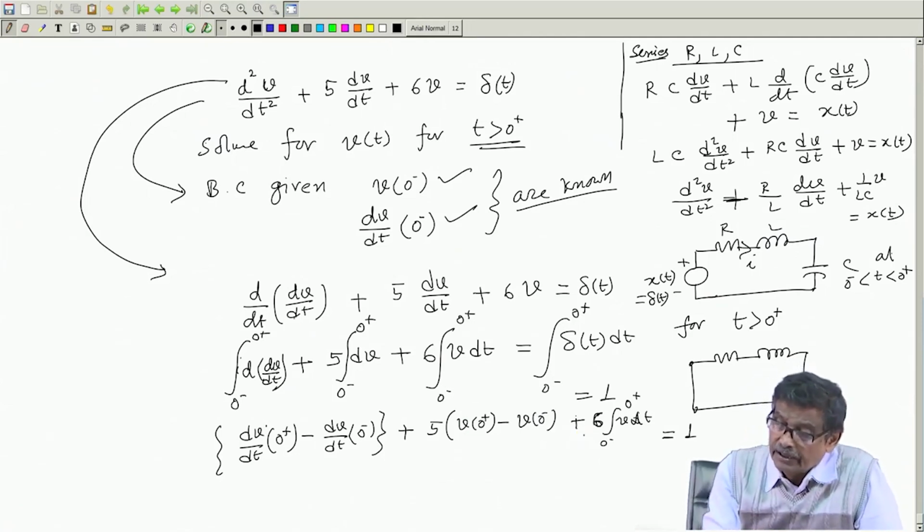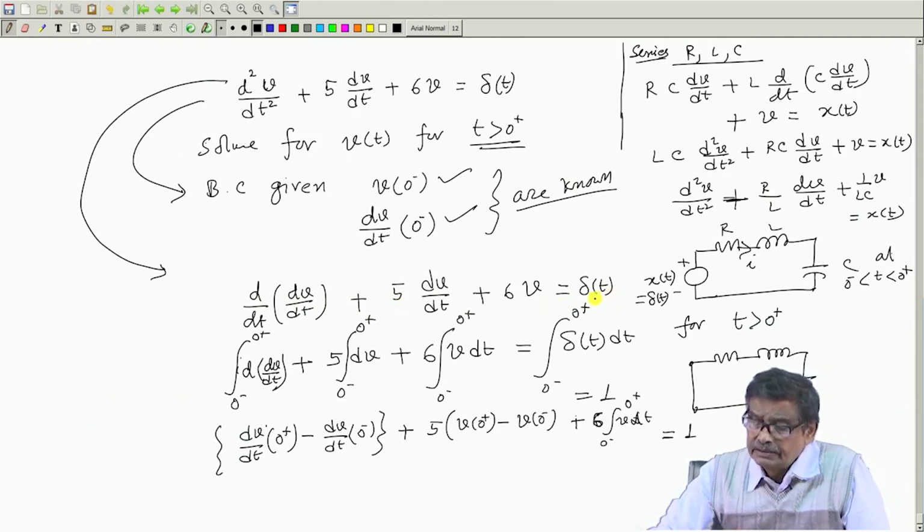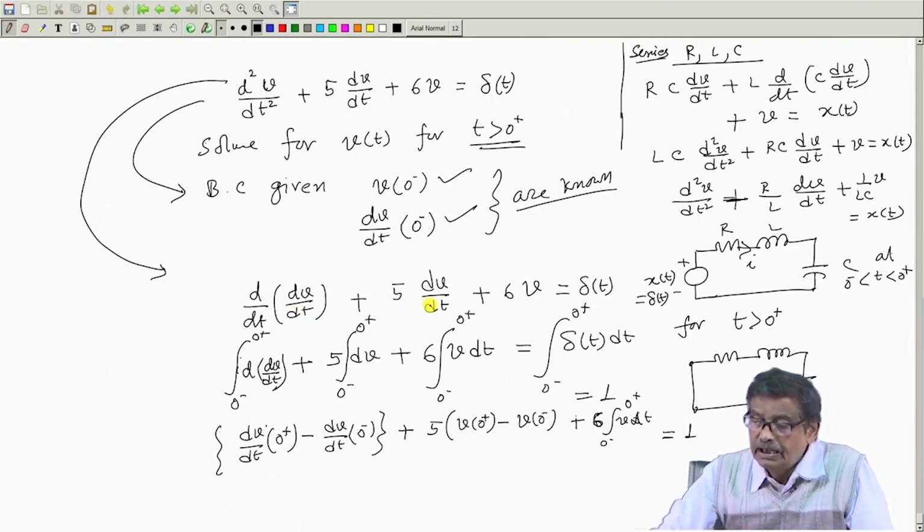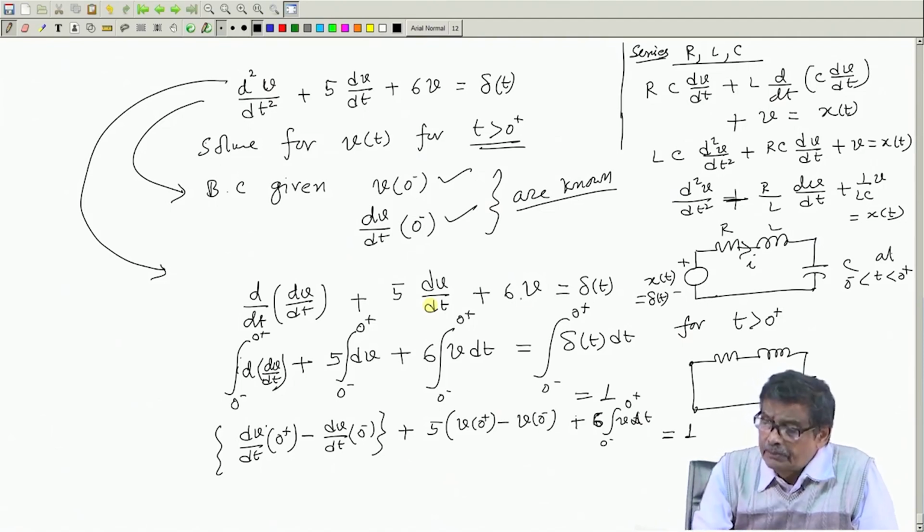Now, I told you last time, in a second order situation like this, with delta(t) on the right hand side, which of these, that is v, dv/dt or d2v/dt2, will have a step jump? v cannot have a step jump.